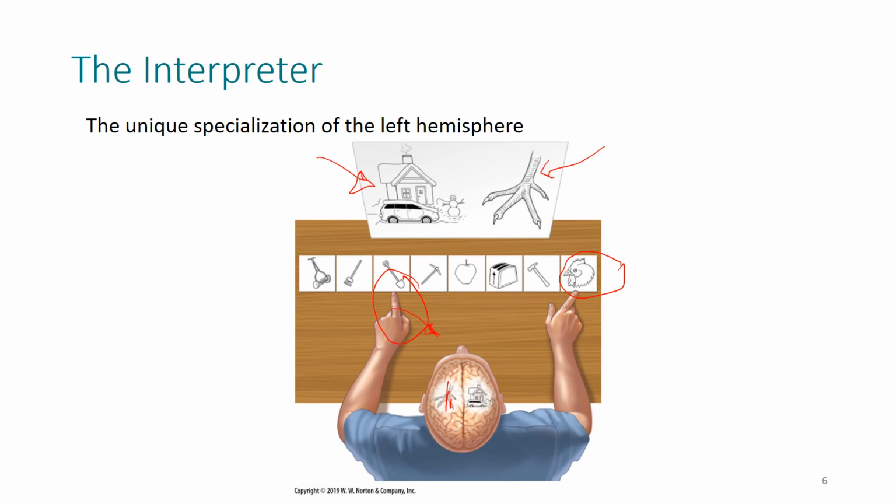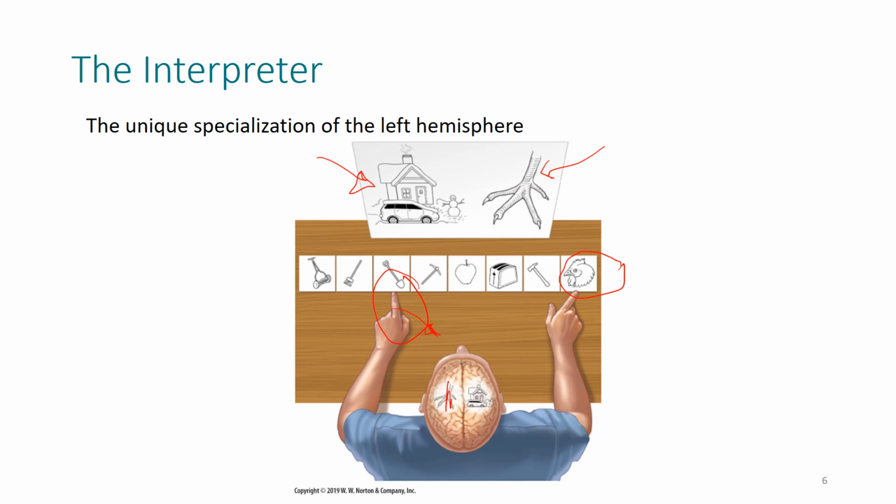When he was asked why he had pointed to those two things together, he replied, oh, that's simple. The chicken claw goes with the chicken, and you need a shovel to clean out the chicken shed. See, he found some explanation.